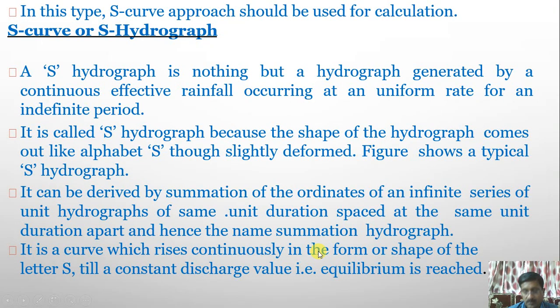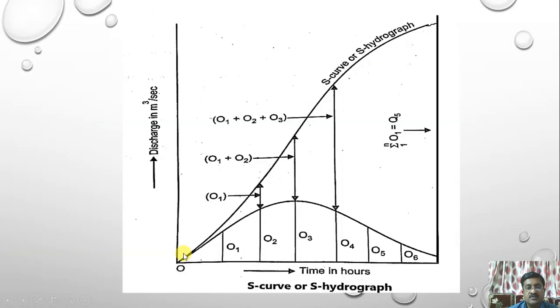As we are going to sum up the various rainfall, it is called a summation hydrograph. It is a curve which rises continuously in the shape of the letter S till constant discharge or equilibrium is reached. So these 4 points are necessary to understand.